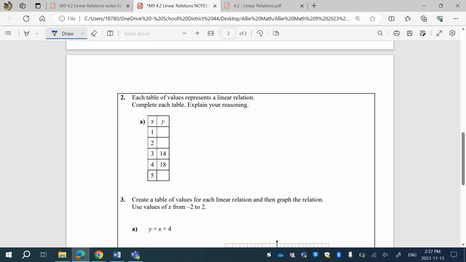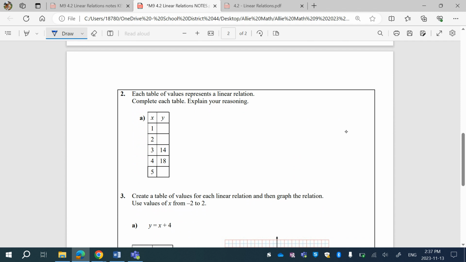So for number 2, each table of values represents a linear relation. It's telling us that. And what we know to be true is that it increases by the same amount each time. So here we see that it's plus 4. And since we know it's a linear relation, this would then also be plus 4.